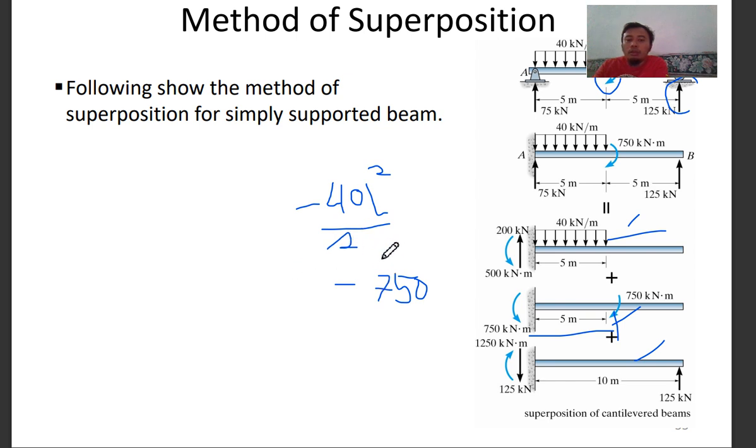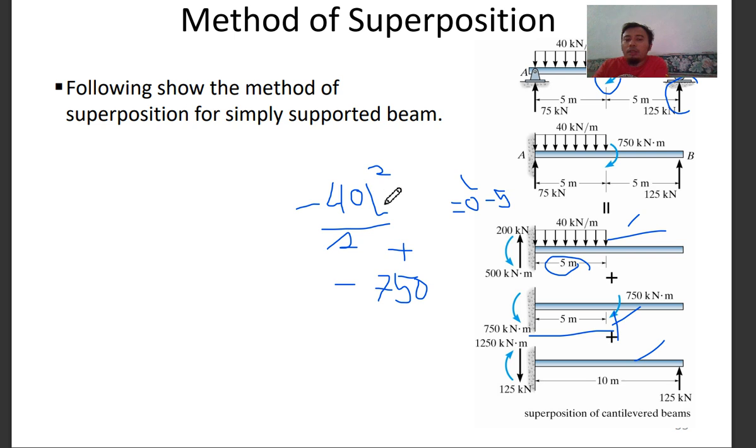So this one plus this one, but this one is up until 5 meter only, 0 to 5 meter only. Beyond the 5 meter, it will be stagnant.